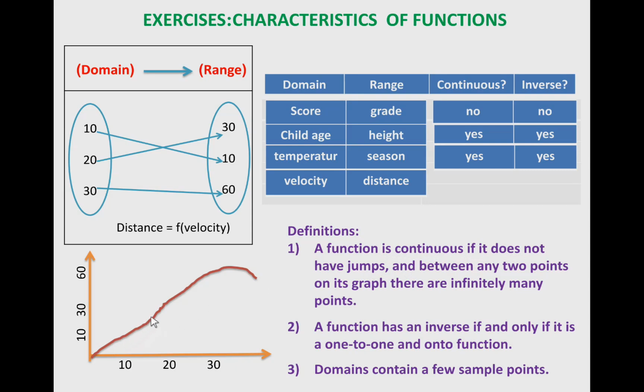This function doesn't have any jump. If you have an object that's moving, the move is not going to skip some area, no vertical moves, so there are no jumps. The move will be horizontal, especially if the object is moving horizontally. So for that reason, the velocity and the distance relationship is indeed a function, and this function is continuous.